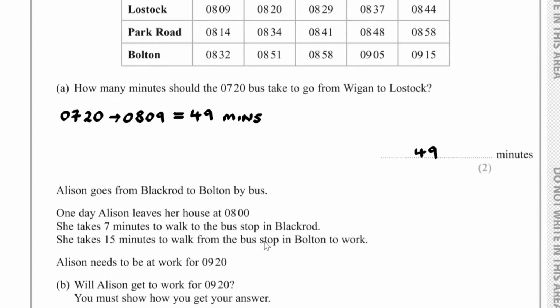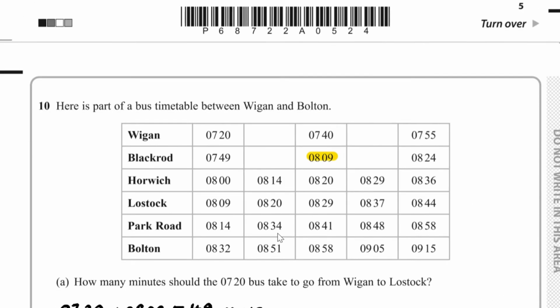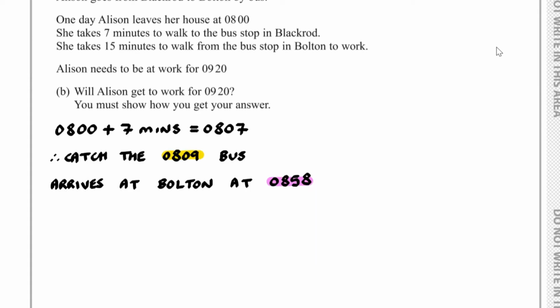Now, the time she arrives in Bolton is 8:58. And so, arriving at Bolton at 8:58, she then takes 15 minutes to walk from the bus stop in Bolton to work.